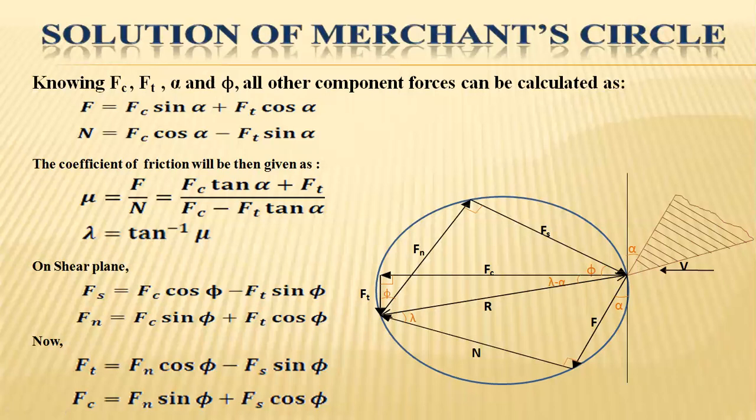Or else, even based upon this we can calculate the thrust force. If at all the thrust force hasn't been given, then to identify the thrust force, the normal force with respect to the cos inclination minus the shear force sin inclination will lead to the thrust force.